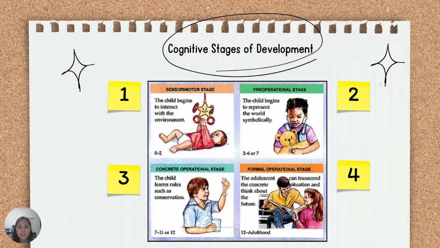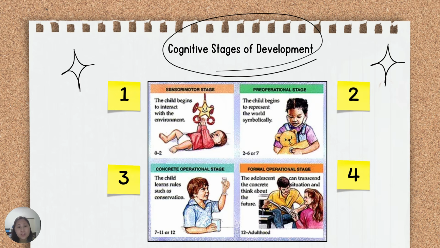Then the third stage we have here is the concrete operational stage, that's 7 to 11 years old. It is during school age years in which logical thinking develops, but only for tangible objects.